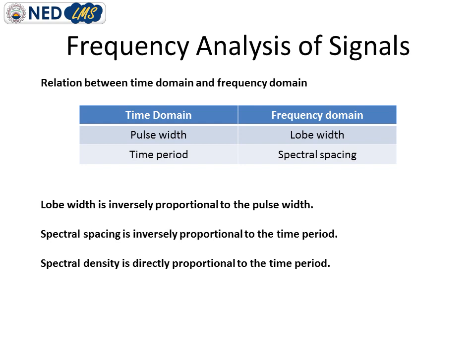Spectral density is inversely proportional to the spectral spacing, and by using the last relationship we discussed, that spectral spacing is inversely proportional to the time period, we can say that spectral density is directly proportional to the time period. So these are very interesting relationships, and with them we can determine other characteristics of time domain and frequency domain representation.